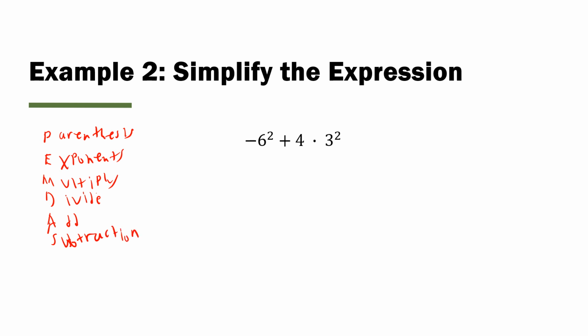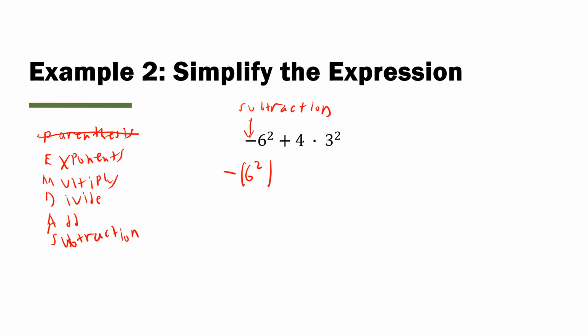This is the order of operations that we will rely on. So first off, are there any parentheses in this expression? And the answer is no. Okay. Are there any exponents? Yes. We have negative 6 to the power of 2. This negative sign applies with subtraction, so we're not going to apply it.